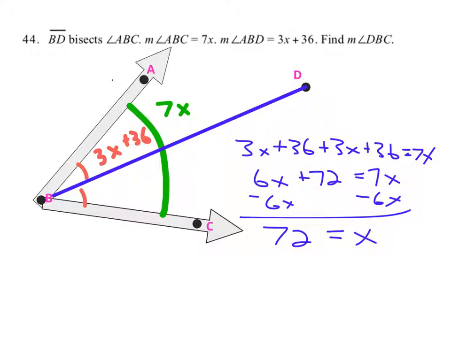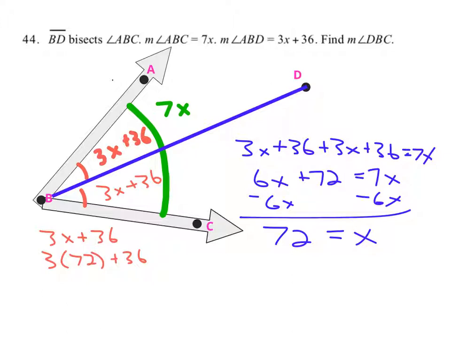And so let me just pair these all together. Nope, doesn't work. And let's say if this one is 3x plus 36, then this one is 3x plus 36 as well. So we can just do the same thing. We can take 3x plus 36, and we can put in there 72.